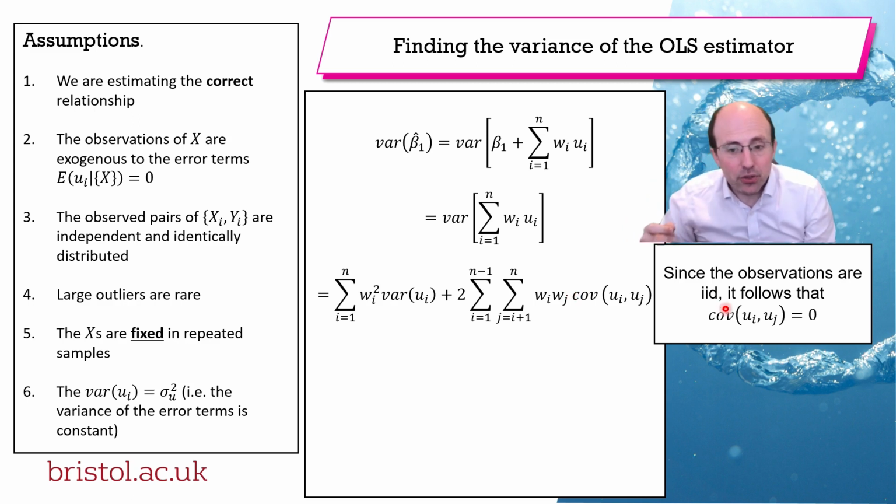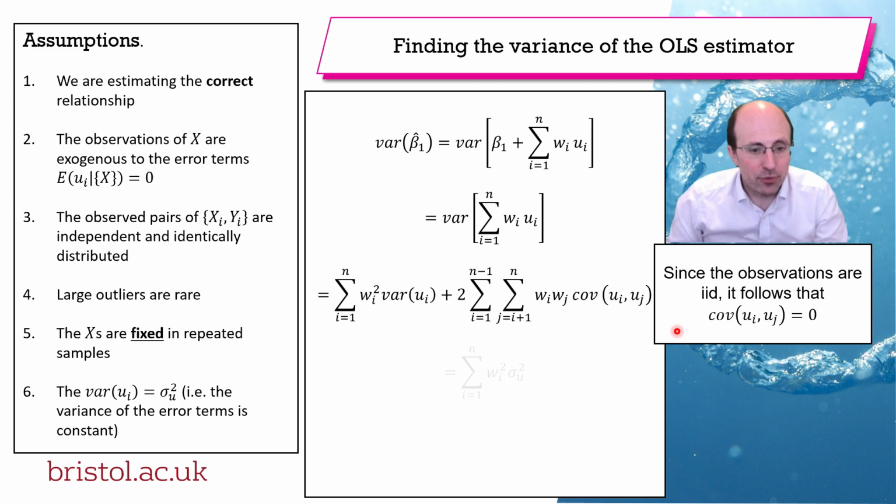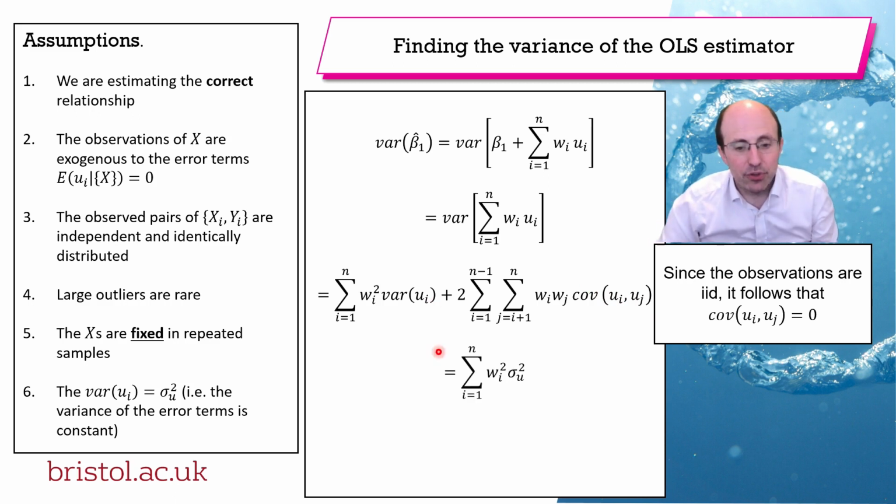So that will mean that the covariance terms are going to be equal to 0. So these covariance terms are going to disappear from our expression, and we'll just be left with the variance of beta 1 hat being equal to the sum of wi squared times by the variance of the ui terms. Because remember, the variance of the ui's is assumed to be some constant sigma squared u.